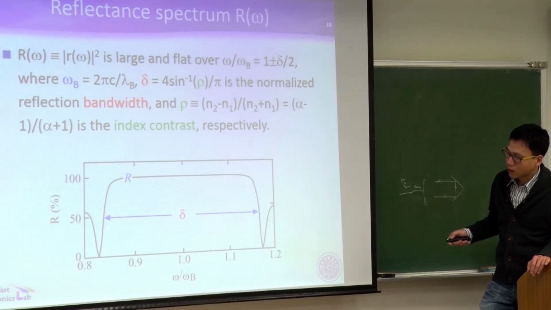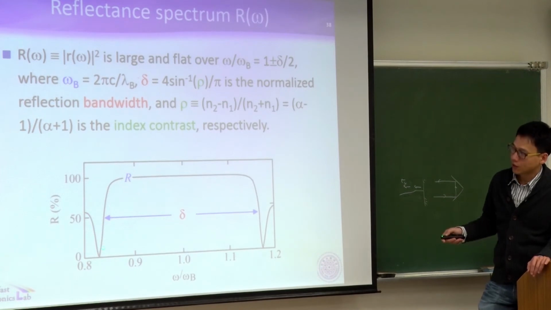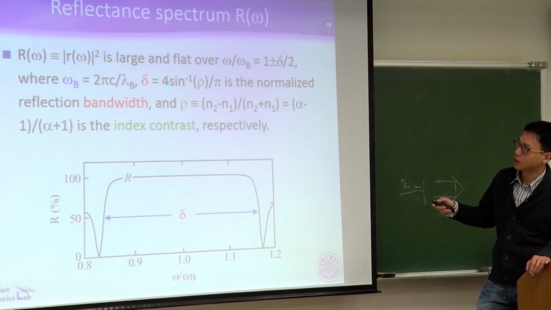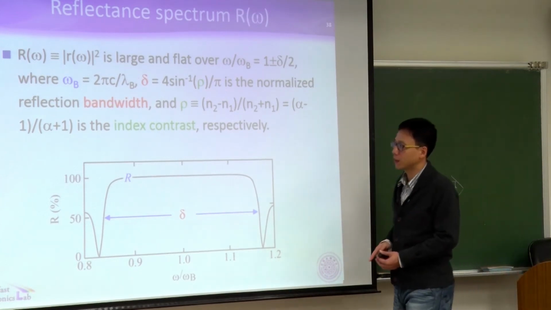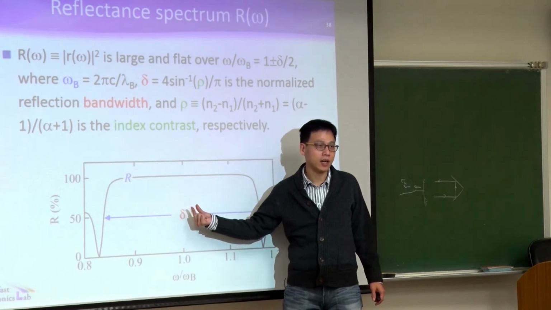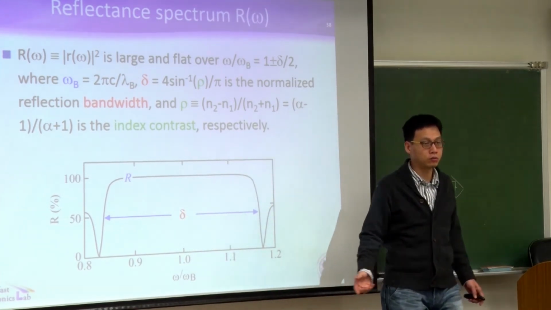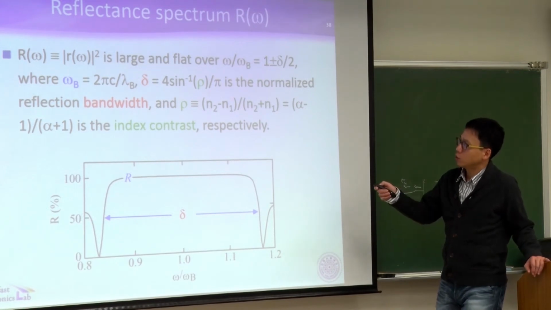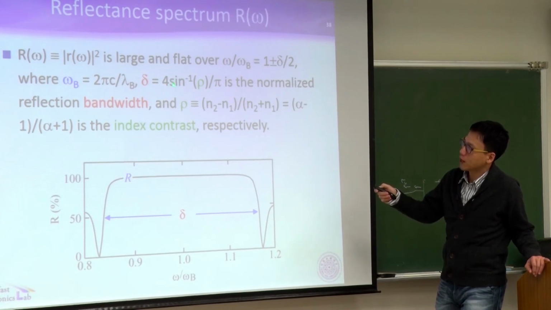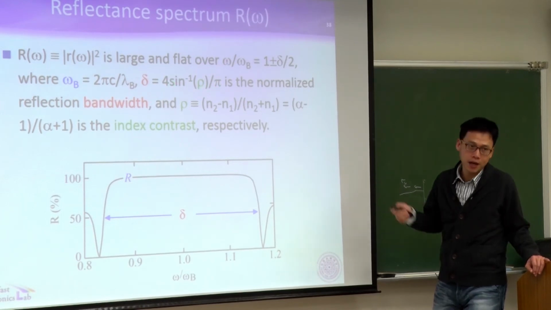Horizontal axis is normalized angular frequency, omega over omega_B, okay? You can see you have nearly 100% reflectivity over a spectral range determined by parameter delta. Delta is defined here. It is the normalized reflection bandwidth，很明显嘛，delta 的意思就是频宽，只是它是归一化过的频宽，它没有物理单位。And your normalized bandwidth delta is determined by this formula: 4 times arcsine of rho divided by pi.